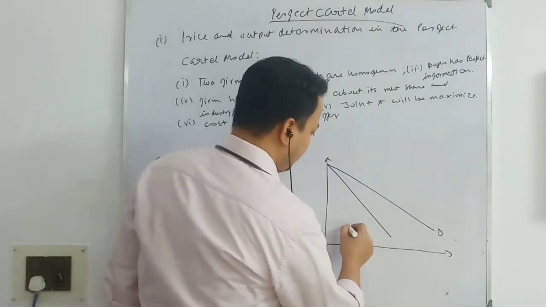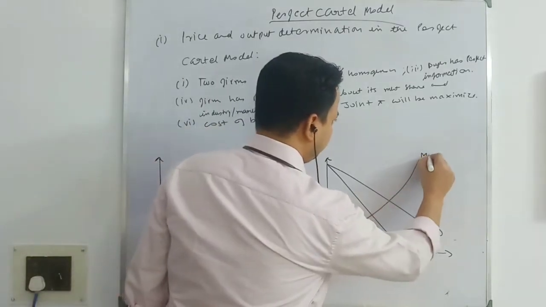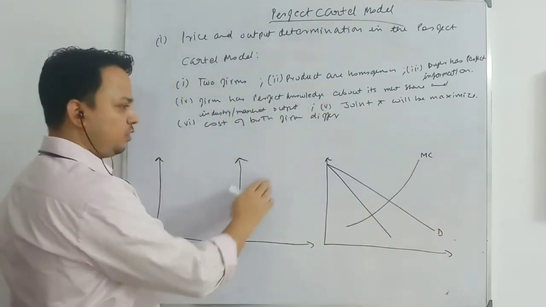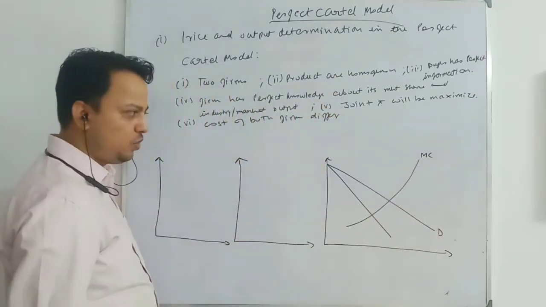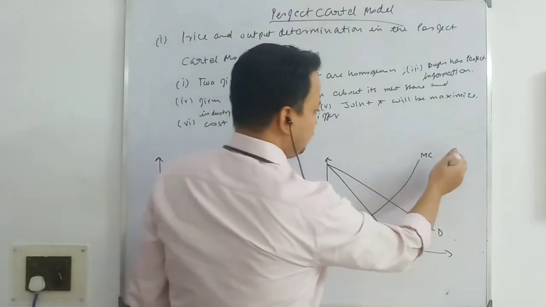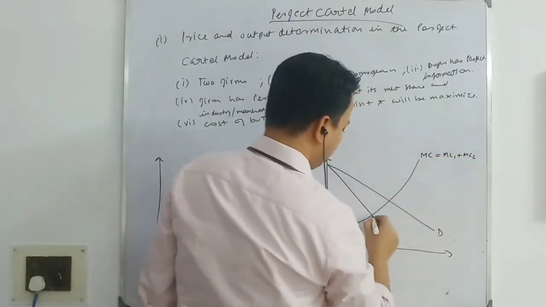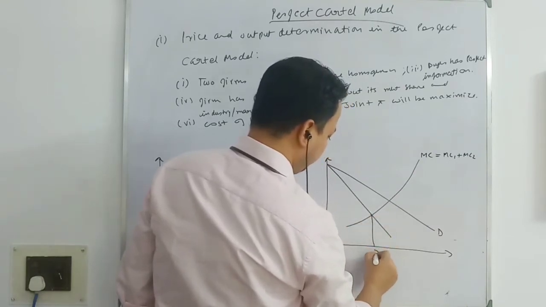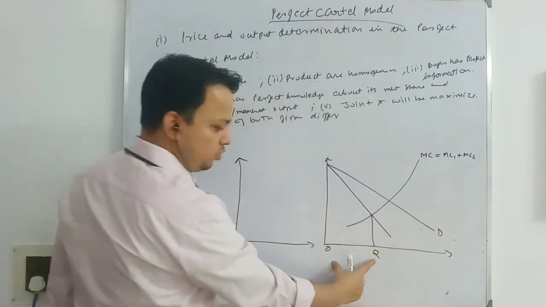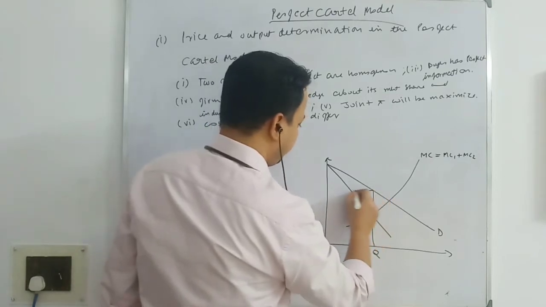Then you will have the marginal cost curve. Each firm provides its cost estimate to the cartel management board, and this is the joint marginal cost, the marginal cost of firm 1 and firm 2. This is the total output level produced jointly, and this will be the price charged.